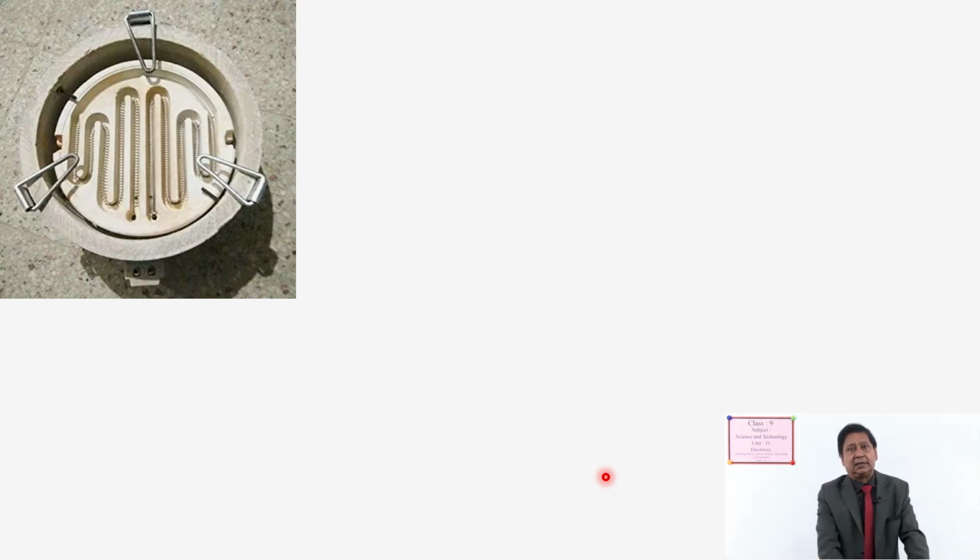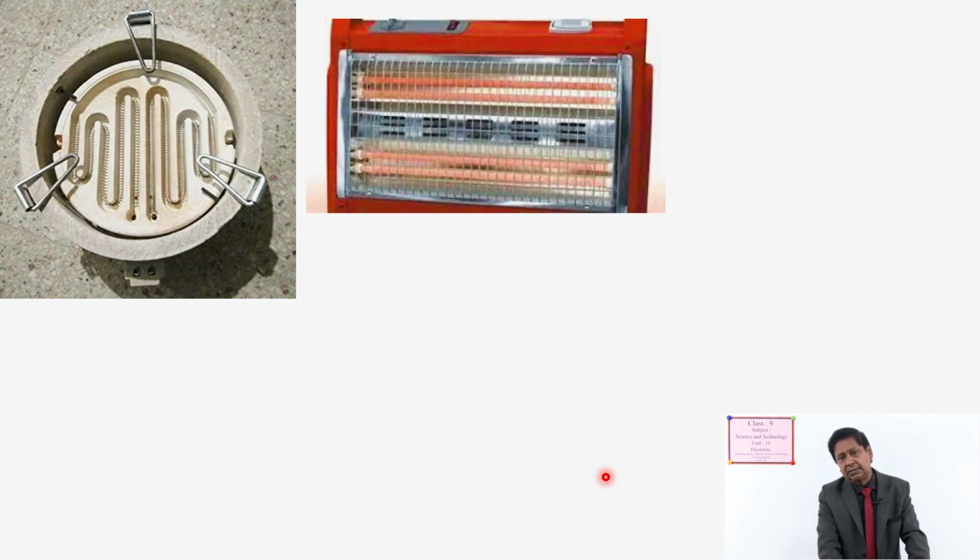Now I want to show you some devices. Look at this. This is an electric heater. I think you have seen this. Maybe this is in your house also. This is another heater. The first one is used to cook food, but the second one is used to make the room warm or to get heat energy in the cold season to keep our body warm.